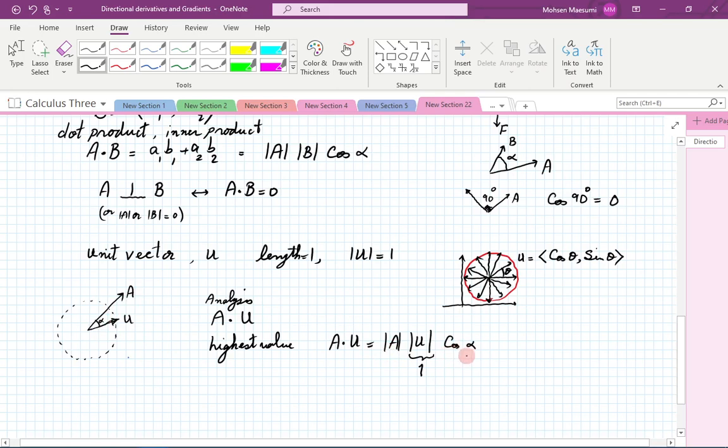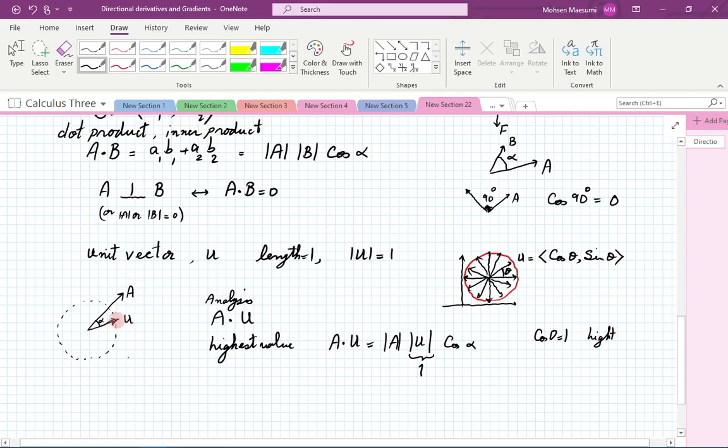All that is variable is cosine of alpha. Do you remember from trigonometry what's a high and low and middle value of cosine of alpha? Well, when alpha is 0, which means U is right on top of the vector A, cosine reaches its highest value. Cosine of 0 is 1.